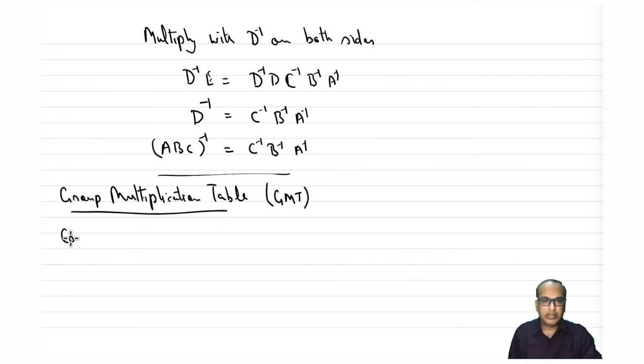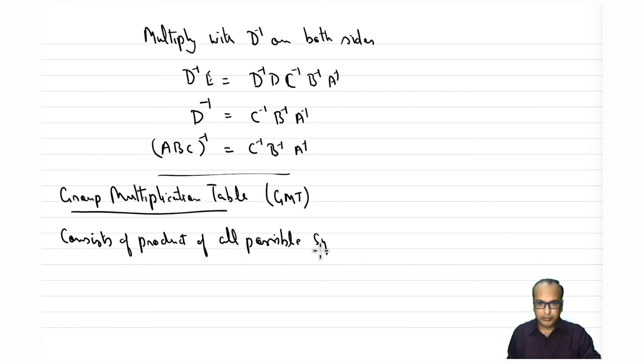Basically it consists of the product of all possible symmetry operations in a given molecule.